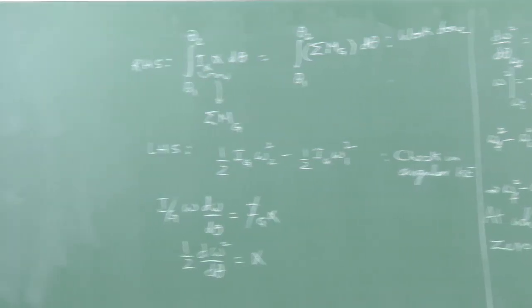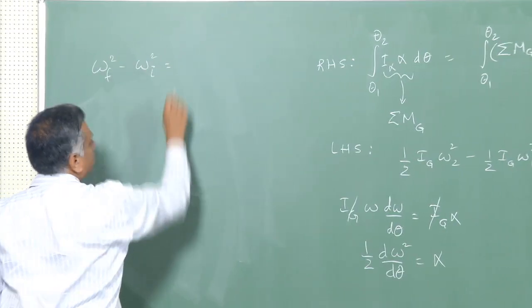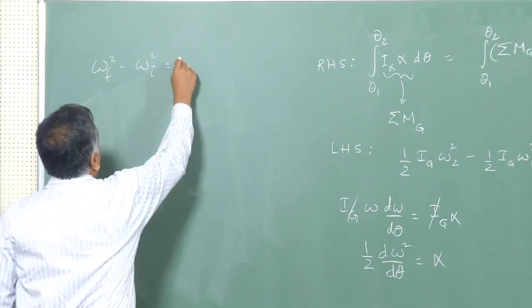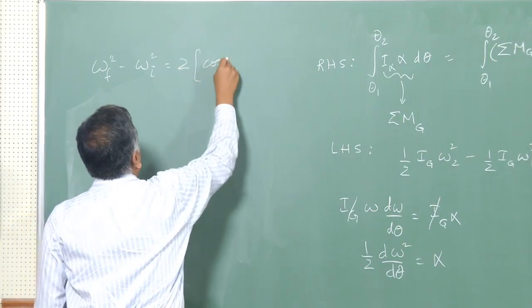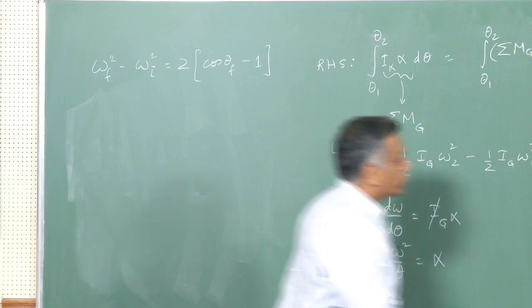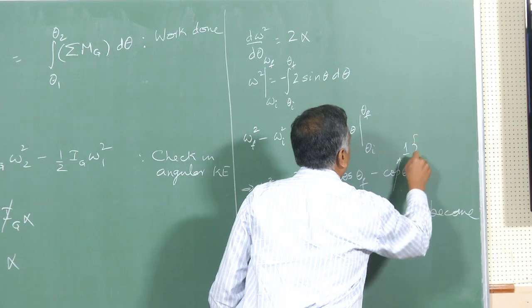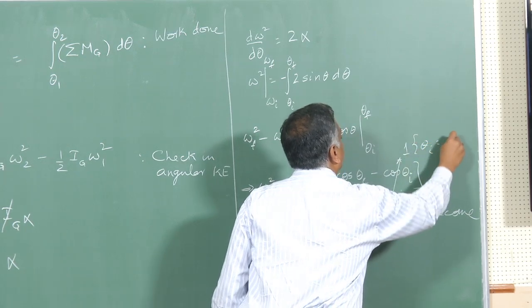What we find is that omega f squared minus omega I squared equals 2 times cosine of theta f minus 1, because theta I is 0. So this becomes 1 owing to the fact that theta I is 0.